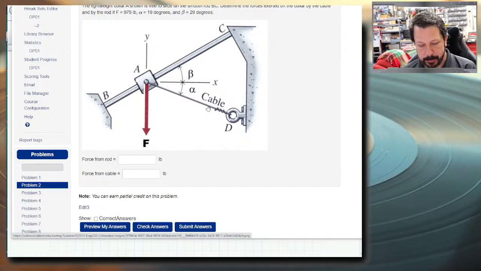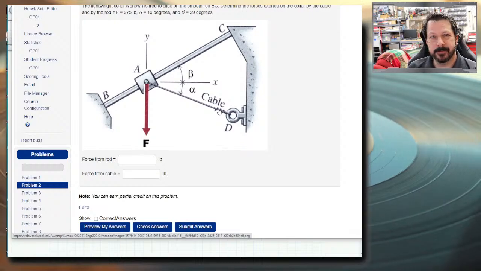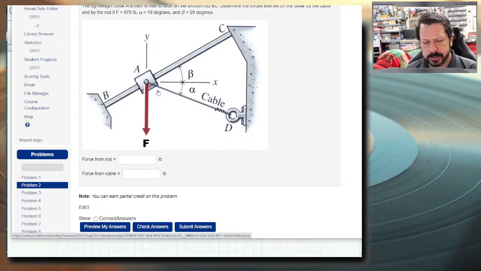We have this cable that, remember, cables, ropes, chains, they can only support tensile loads as far as we're concerned. It would take a really large diameter cable to support some kind of compressive load, and we're assuming that's not what we're dealing with. We also ignore their weight.